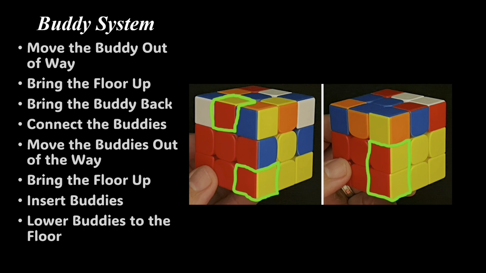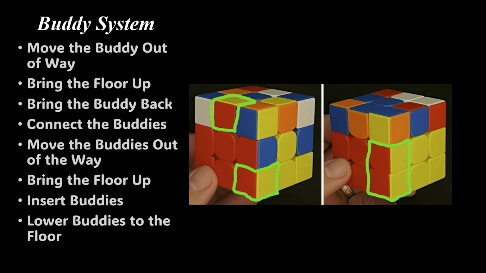Next, we bring the floor up to the top. Once the floor's up, we bring the buddy back to his starting position. This connects the two buddies on the upper edge. Next, we move the connected buddies out of the way.